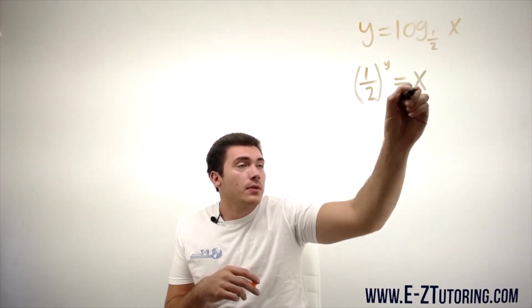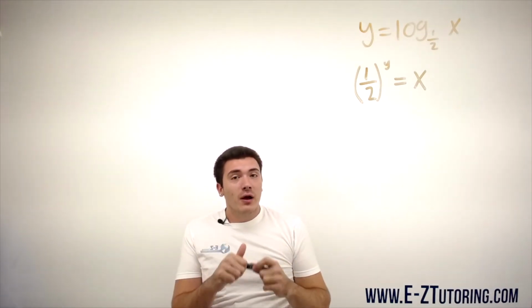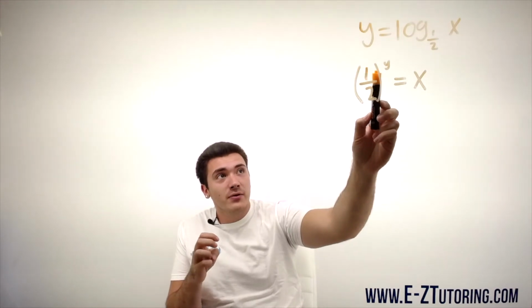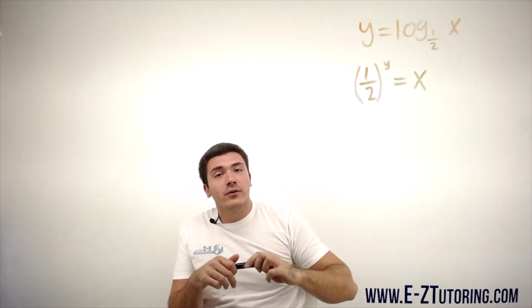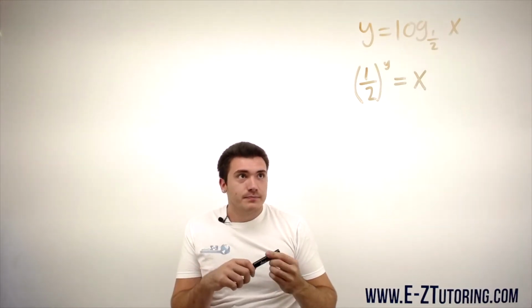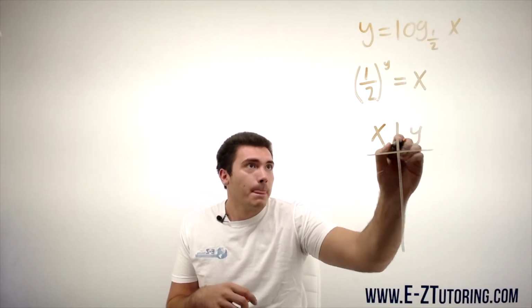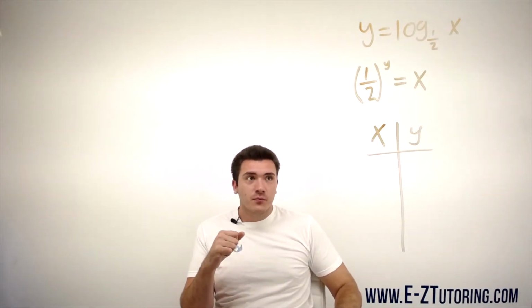So this is our exponential form, and generally when you graph logarithms, you will plug in values of y and get your value of x rather than the other way around. So it's kind of backwards. Anyways, we start our xy table here, and we plug in some values of y.